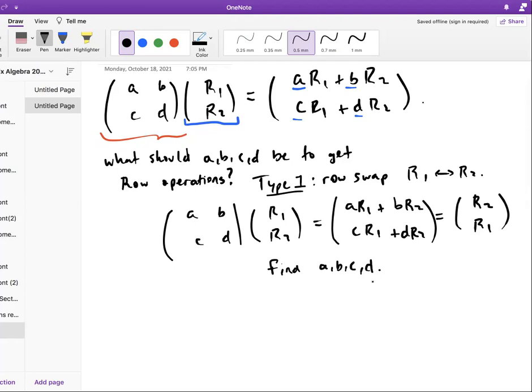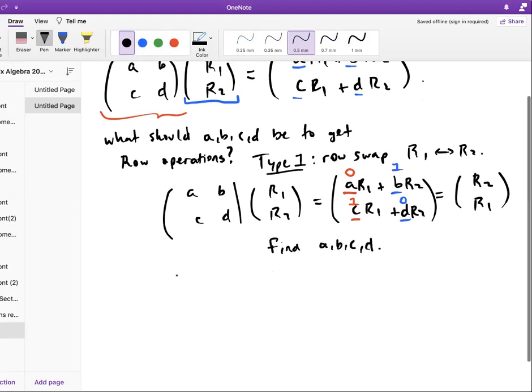So what is it? Yeah, if A is equal to 0 and B is equal to 1, then what's left is just row 2 in the first row. If C is equal to 1 and D is equal to 0, what's left is just row 1.